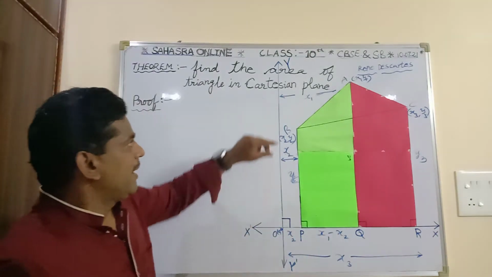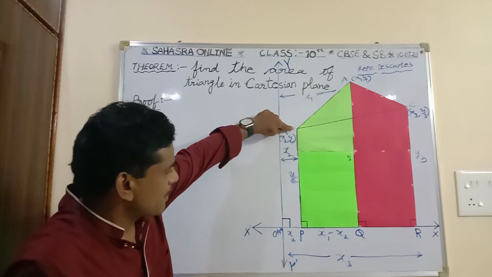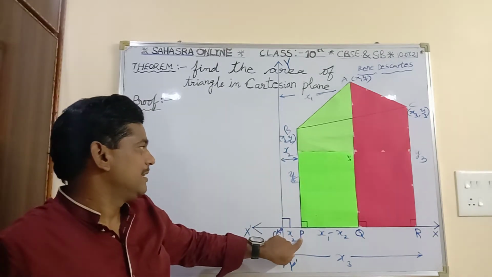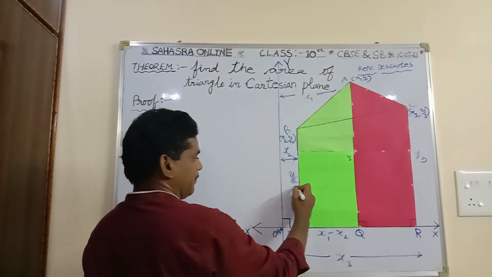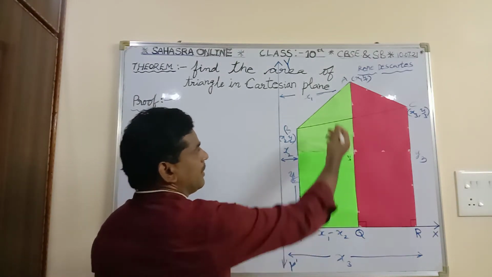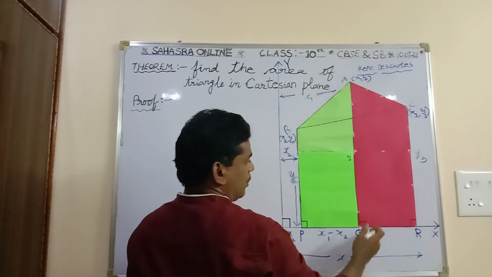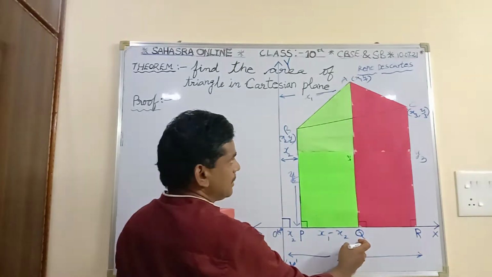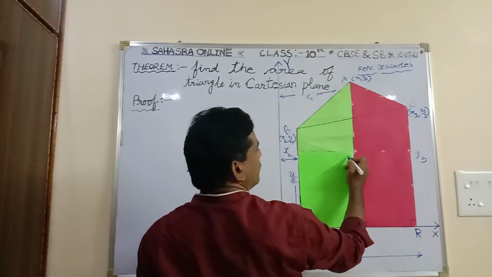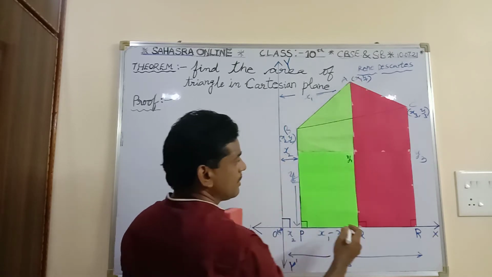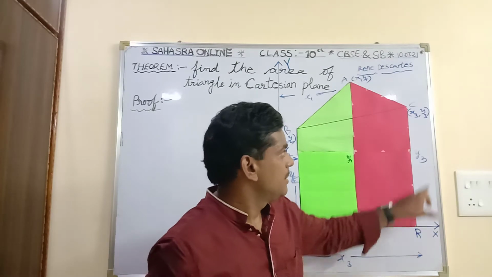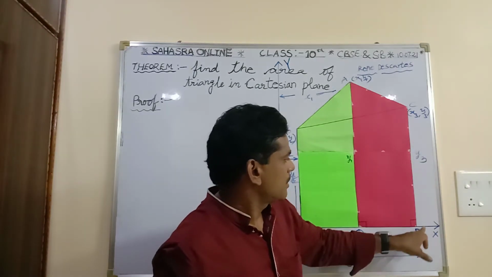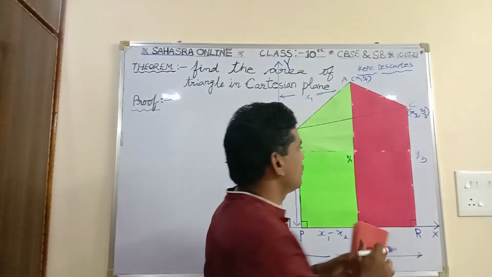Similarly, the distance from B to x-axis is y-coordinate, that is y2. The distance from A to x-axis is y-coordinate, that is y1. Similarly, the distance from C to x-axis is y-coordinate, that is y3.